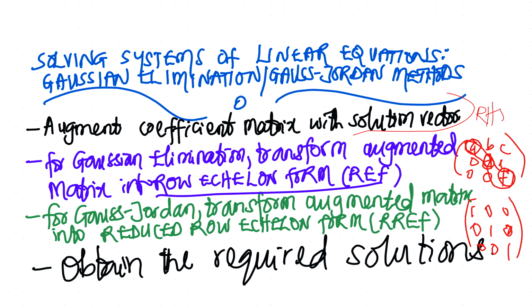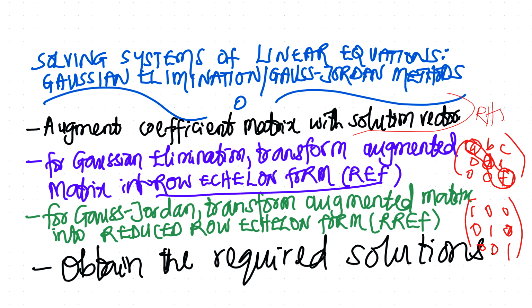The only thing is that each of them reduces the matrix and makes it easier to solve questions, but row echelon form is easier. So once you augment the matrix of coefficients with the solution vector, then you reduce to either row echelon form or reduced row echelon form.